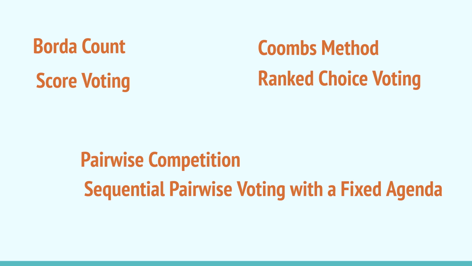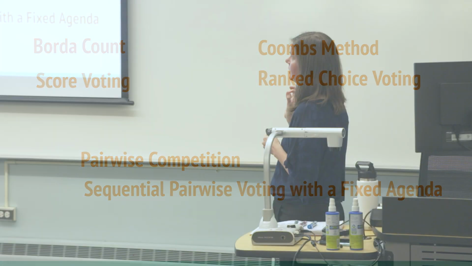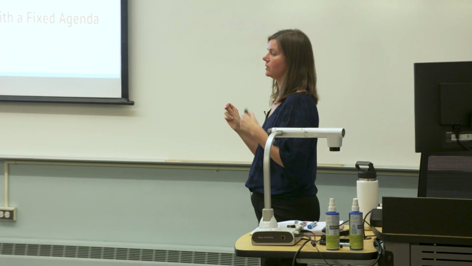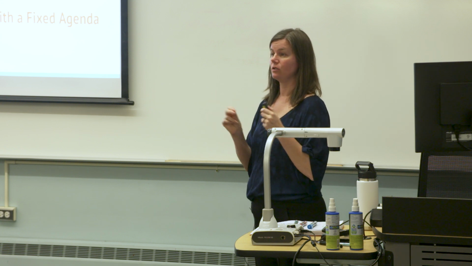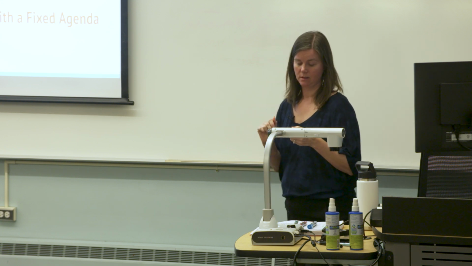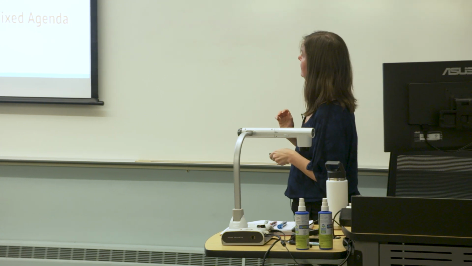And then these ones, pairwise competition and sequential pairwise voting with a fixed agenda, are related to taking one candidate versus another candidate one-on-one and comparing how they do to each other. So we'll look at some examples of these.